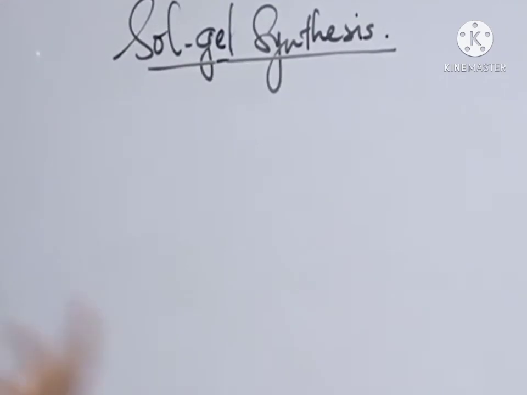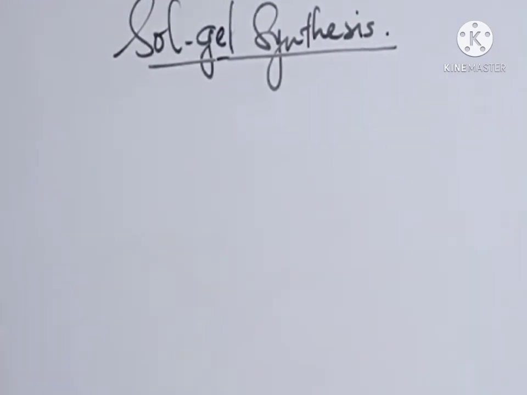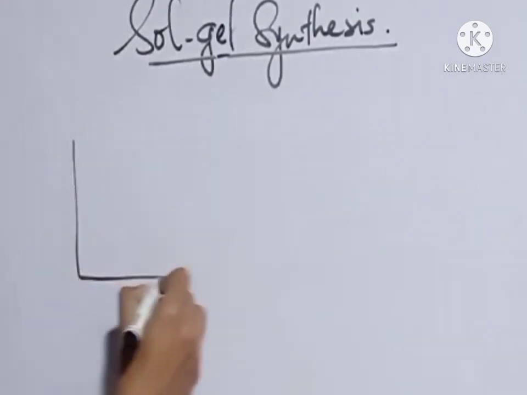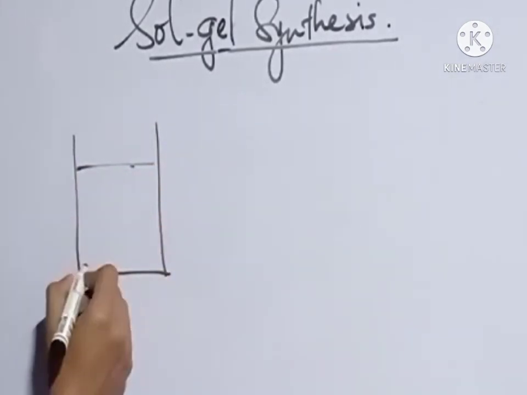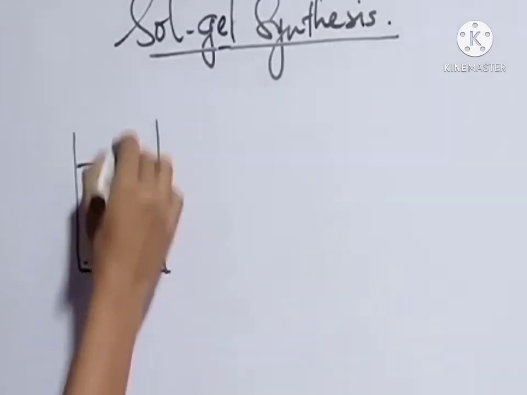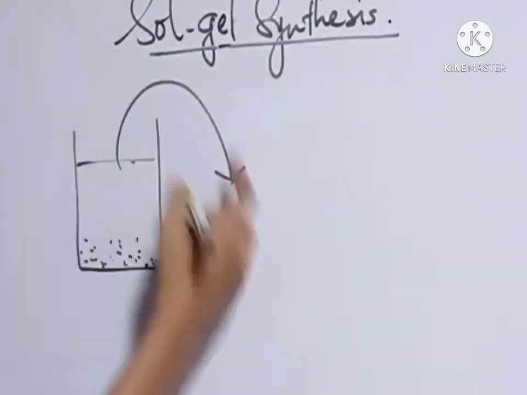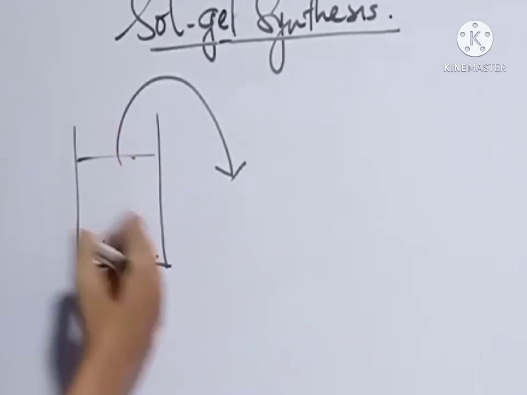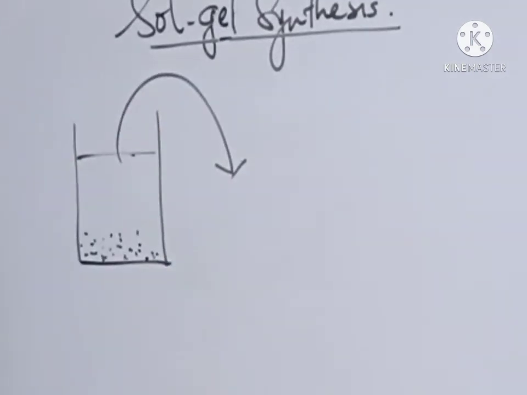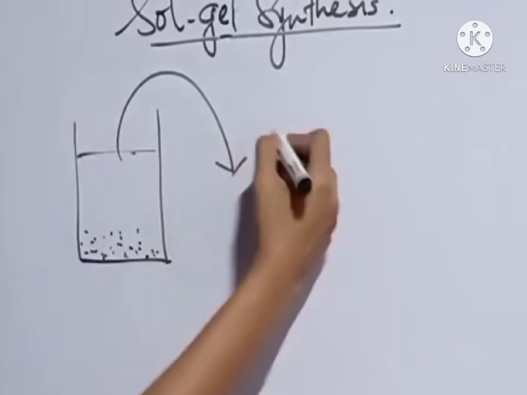What we have to do during sedimentation is just keep it for some time to settle down. After it settles down, we have to pour off the excess liquid present in the system. That's all we have to do during the sedimentation process.